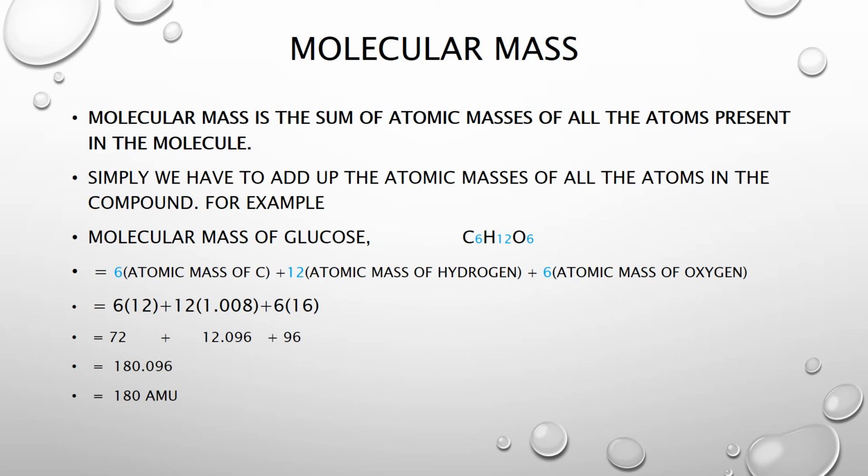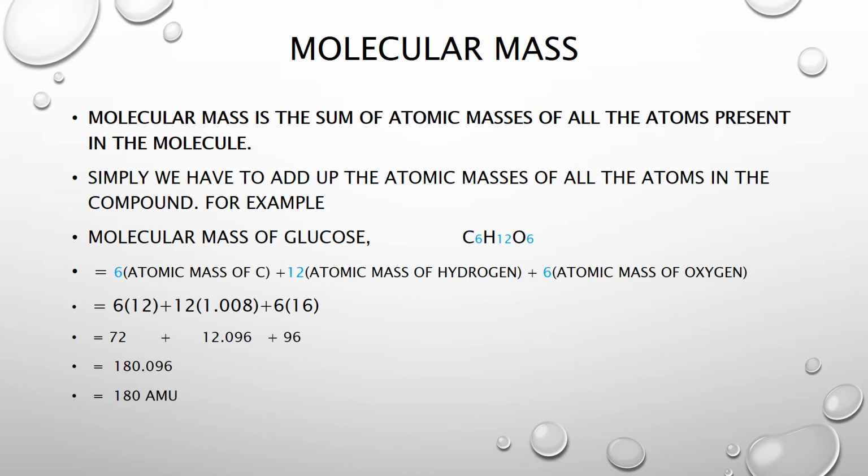So for calculation, you can see that I have written here 6 times the atomic mass of carbon plus 12 times the atomic mass of hydrogen plus 6 times the atomic mass of oxygen. These 6, 12 and 6 are the number of atoms. For 6 atoms of carbon, we will multiply this number of atoms by the atomic mass of carbon.